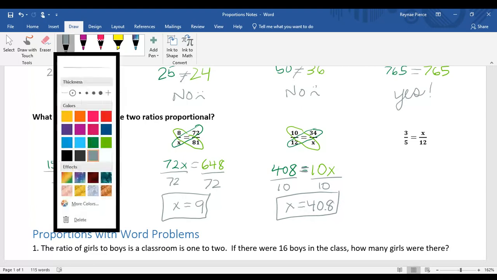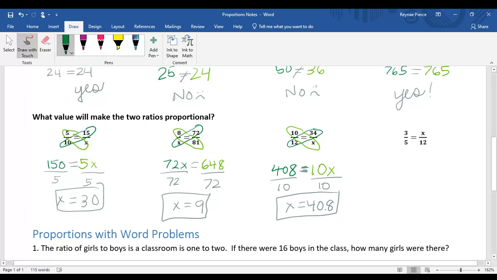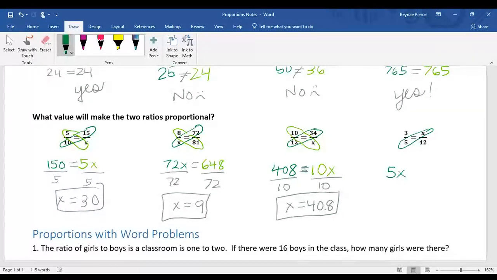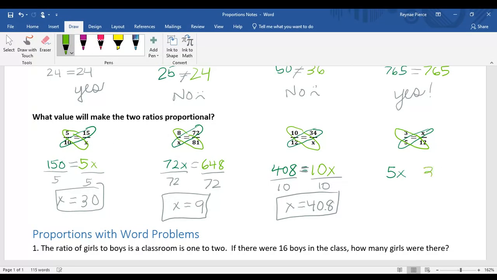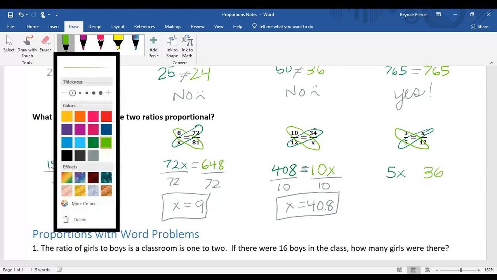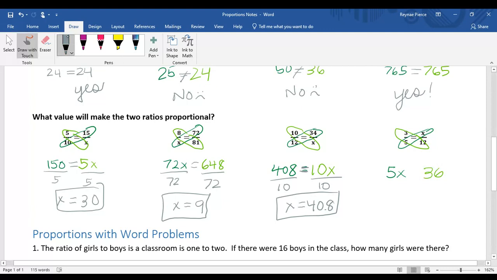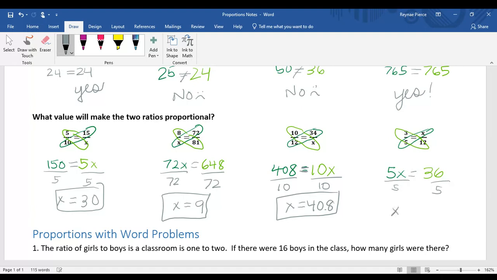Decimals are numbers too. Okay, last one here. 5 times x is 5x. 3 times 12 is 36. And to figure out what value makes these ratios proportional, we set them equal to each other, divide both sides by 5, and your x value is 7.2.